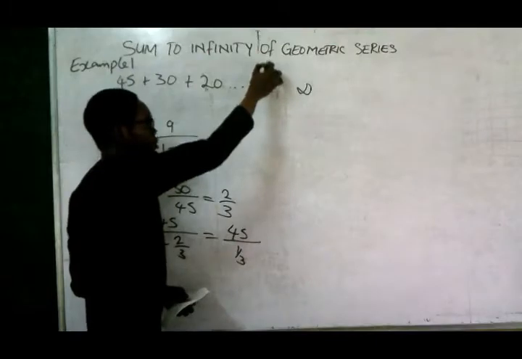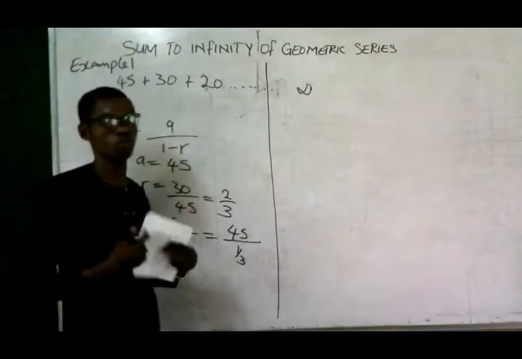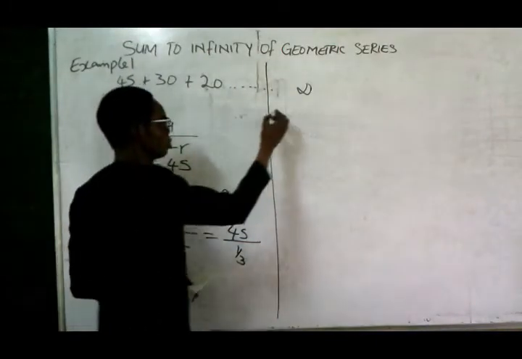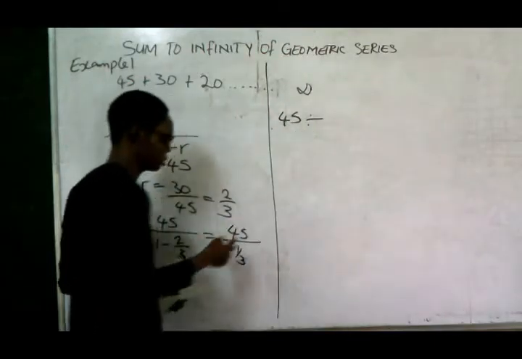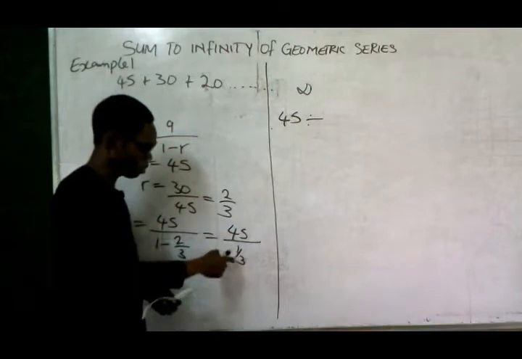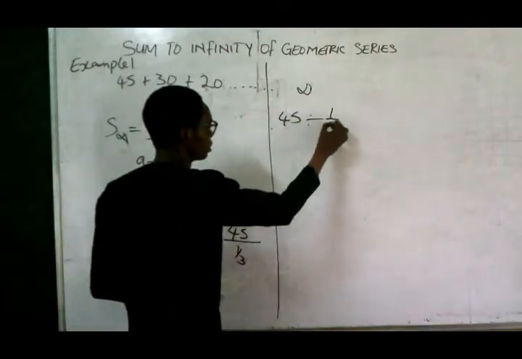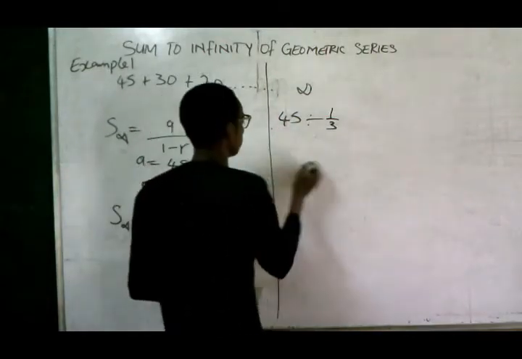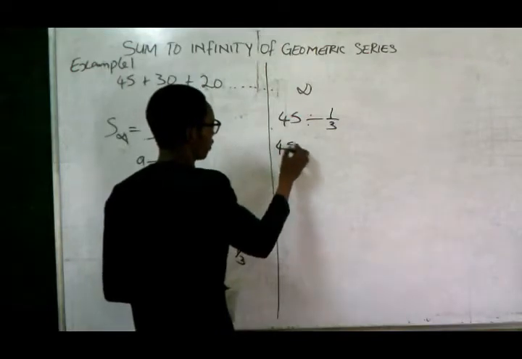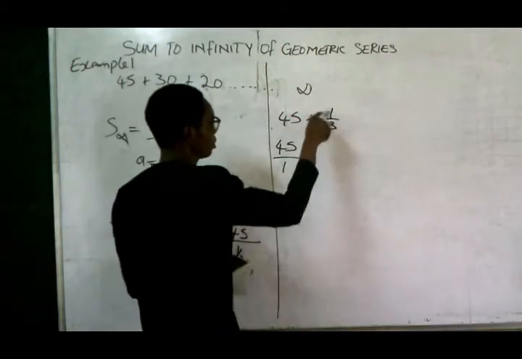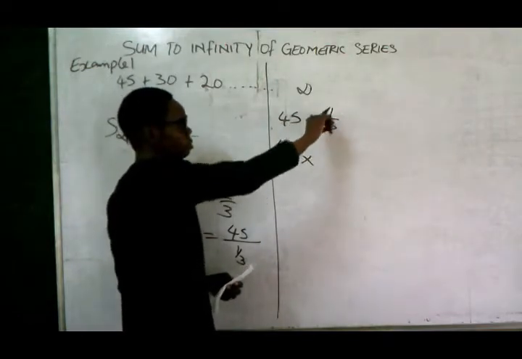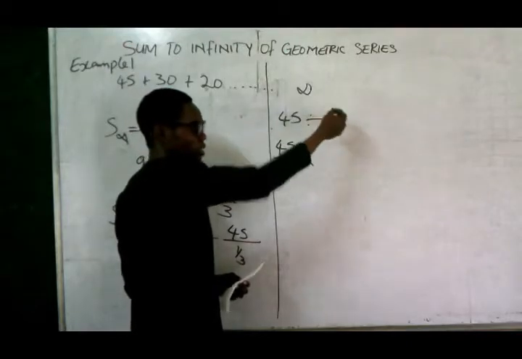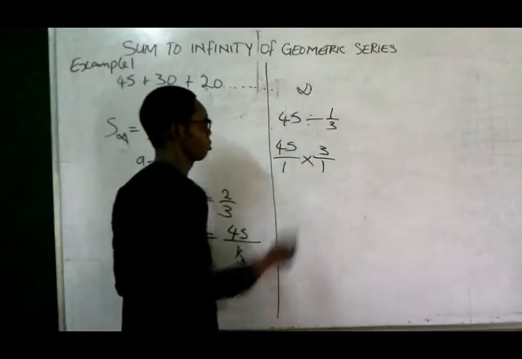It's going to be 45 over 1 times, if you change the division sign to multiplication sign, we invert the 1 over 3, it becomes 3 over 1.